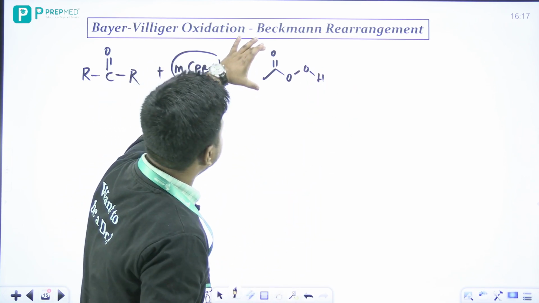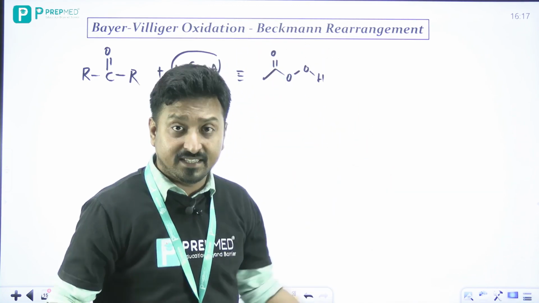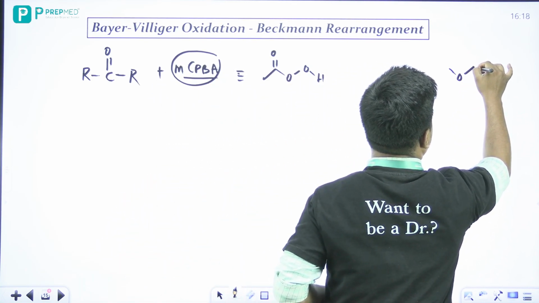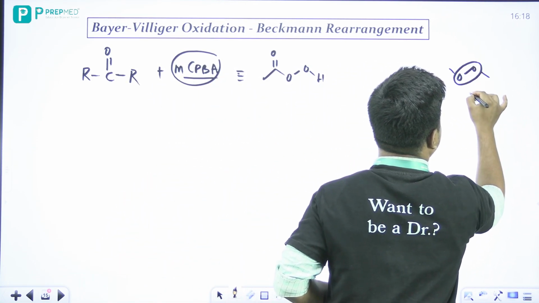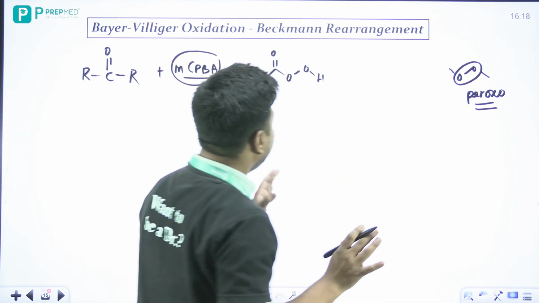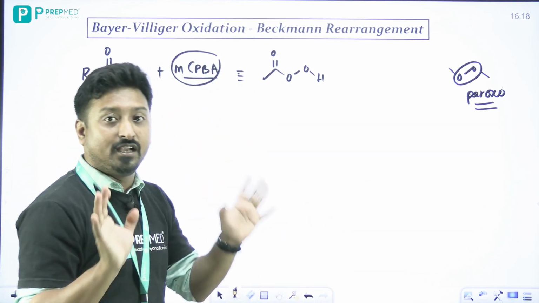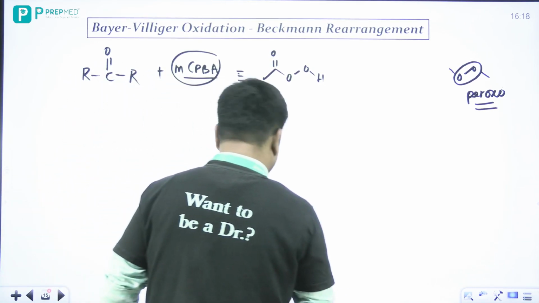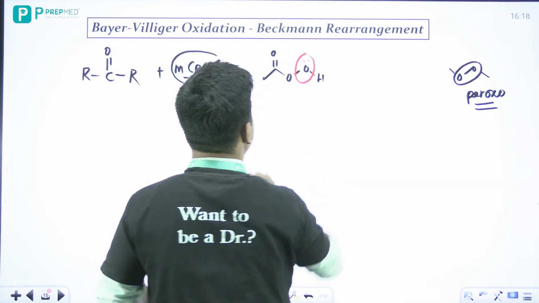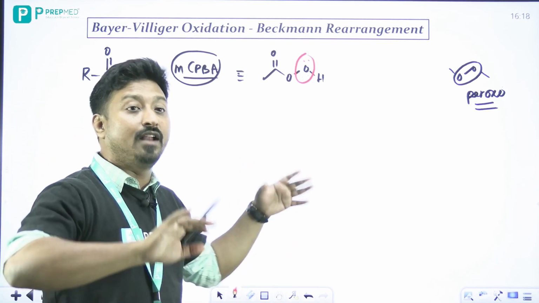This is your acid part and this is the dioxy part, which makes it a peracid. Like in hydrogen peroxide, if you see this moiety, this is basically the peroxo moiety. Now in this peroxo moiety, remember the interacting oxygen atom is this one, and this oxygen atom of the peracid reacts with this ketone and forms a different compound.